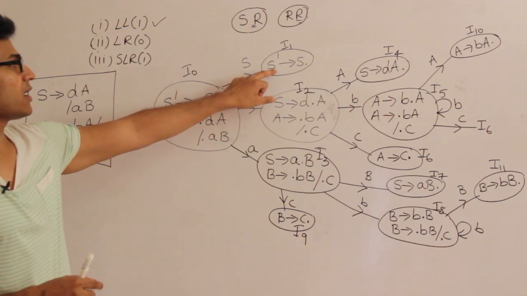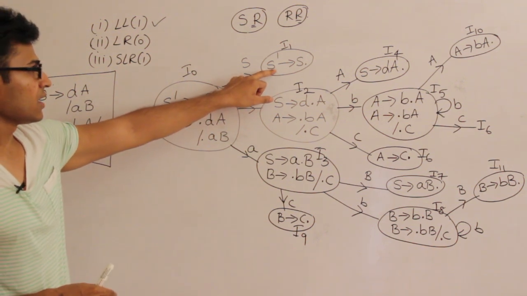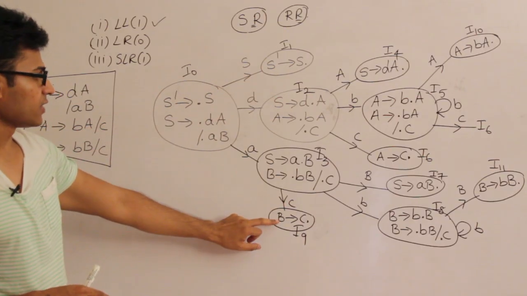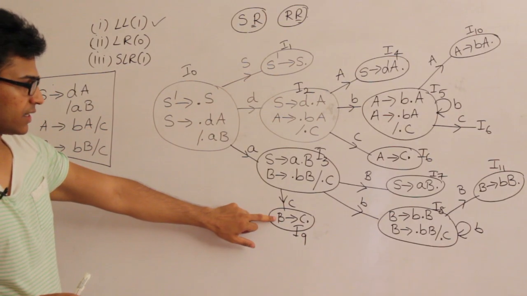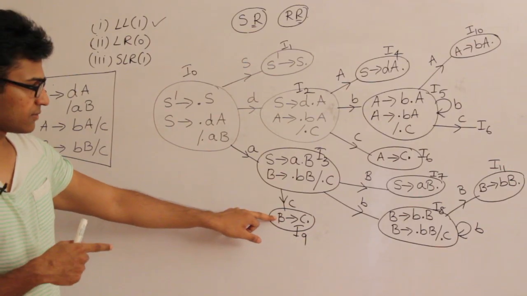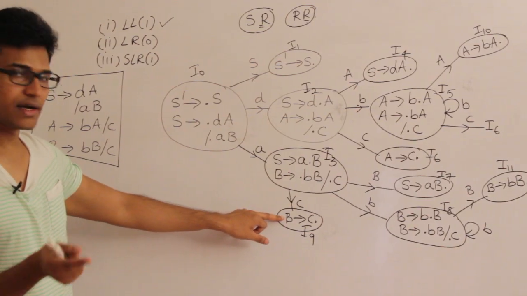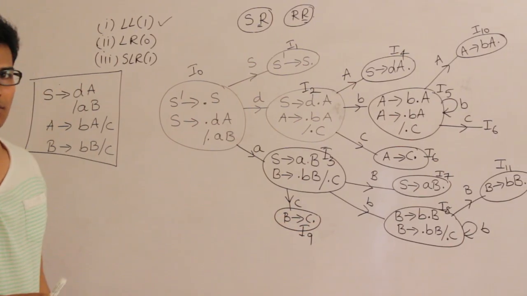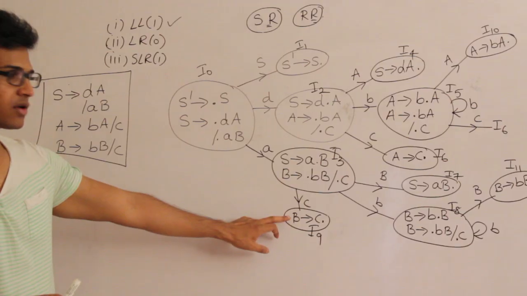See I1: this is not a final item, because it is the augmented production which we added. Coming to I9, there is only one final item, so there are no RR conflicts, and there is no shift move, so there is no SR conflict. In I4, there is only one final item and no shift move, so no SR or RR conflict.